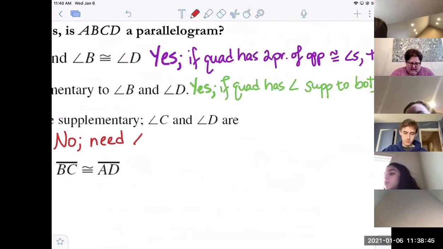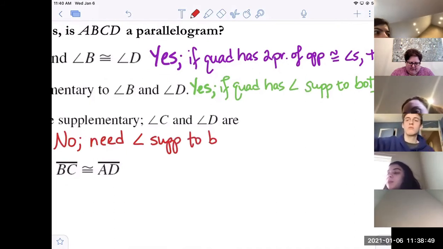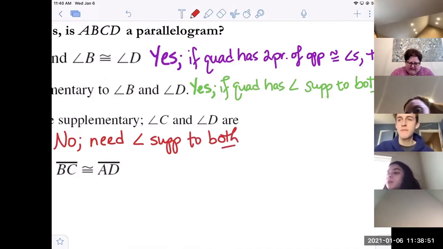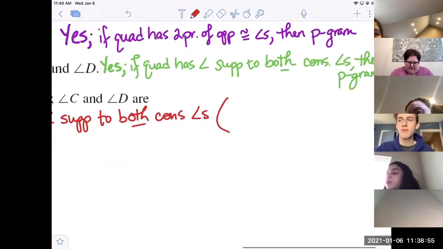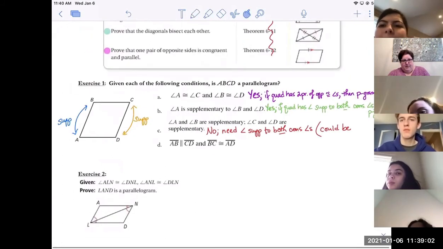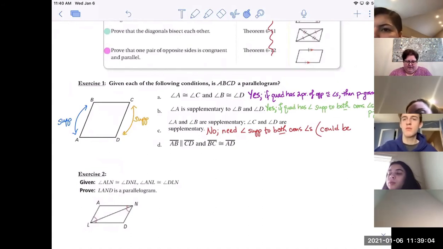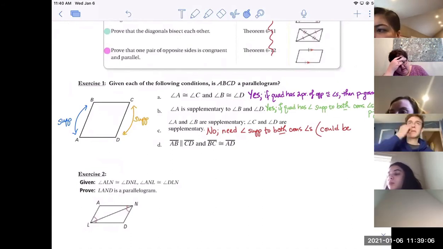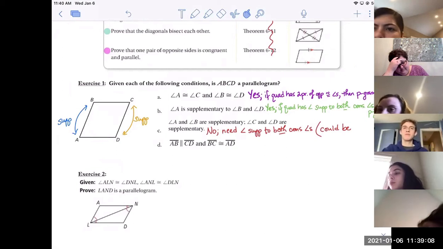You need an angle supplementary to both consecutive angles. I want a counterexample. You may or may not be able to come up with this, but can you think of a shape that would have that property but that's not a parallelogram?